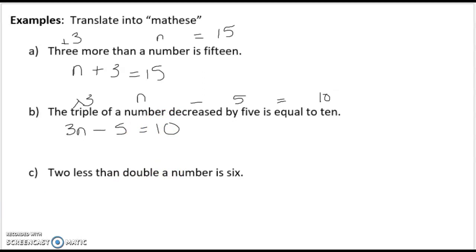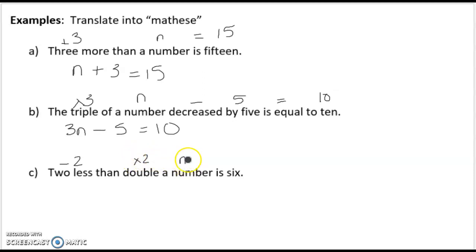Okay, let's try the next one. 2 less than double a number is 6. So let's start here. 2 less would be minus 2. Then double a number, so that double means twice.